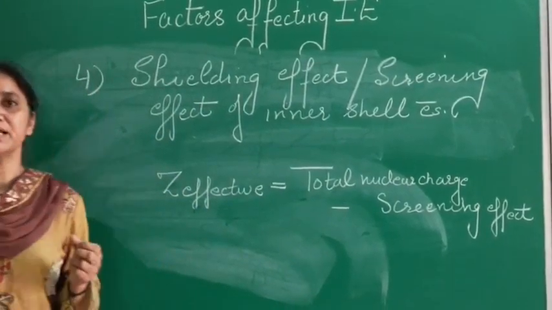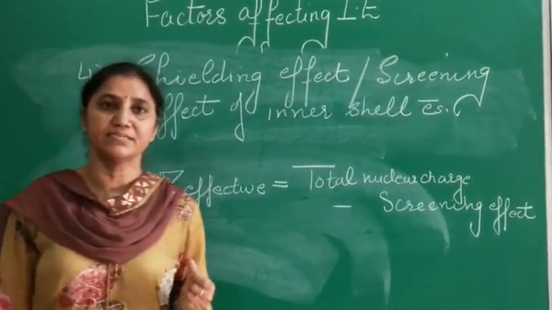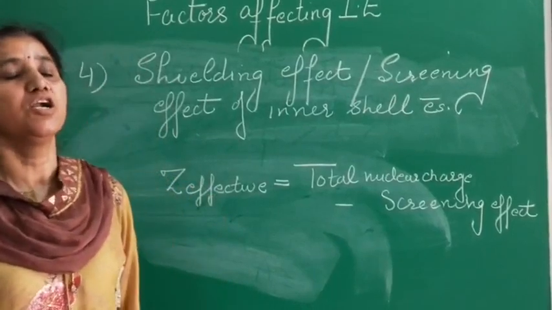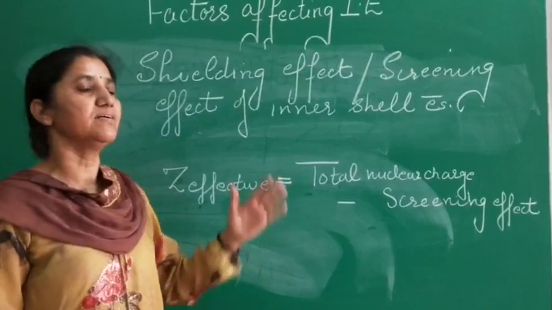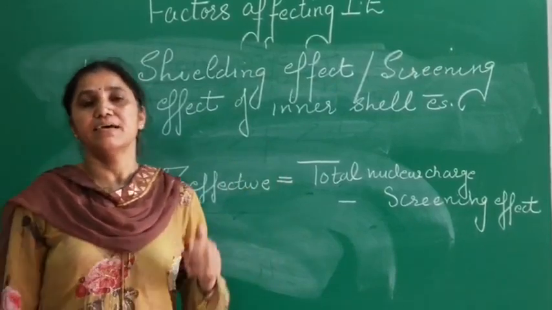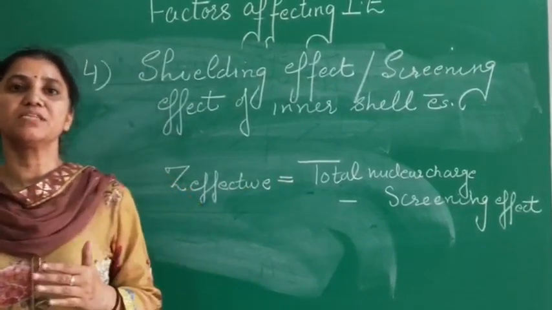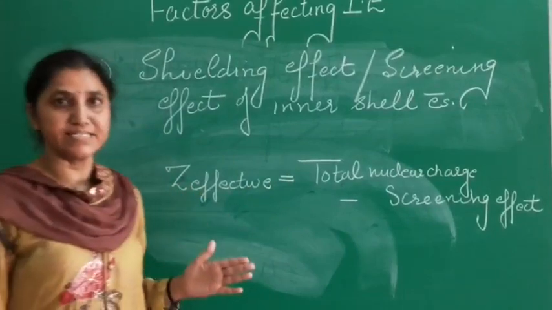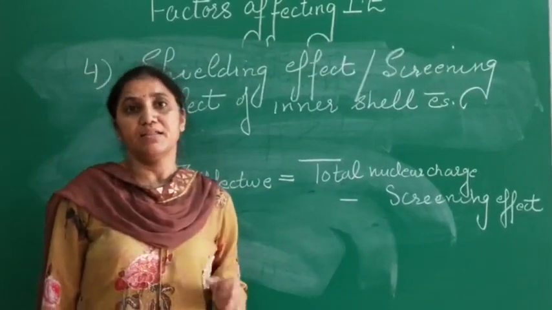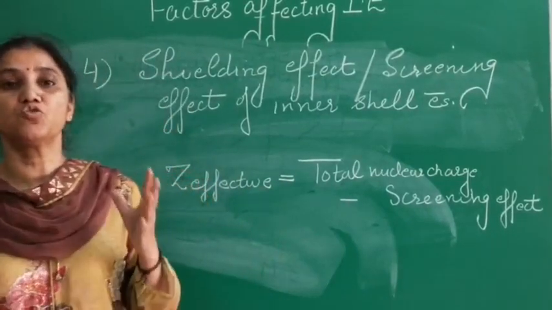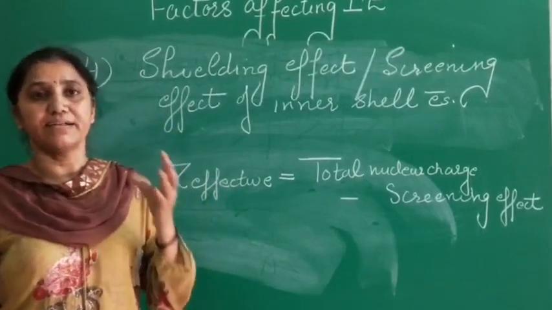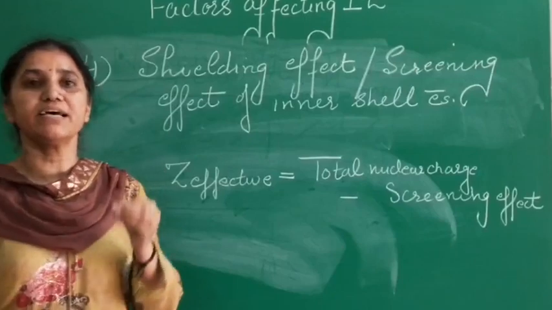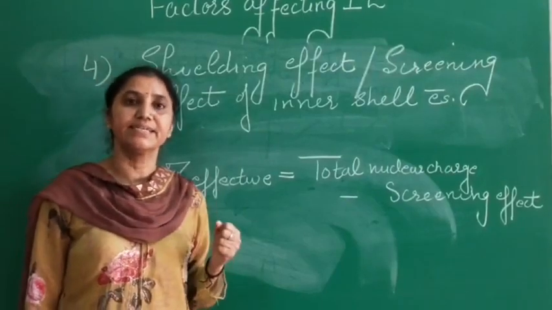Actually what happens in multi-electron atoms, the electron feels two types of forces: attractive force from the nucleus and repulsive force from the electrons which are present in the inner shell. The overall effect of the two opposing forces is that the net attractive force on the electron gets decreased.